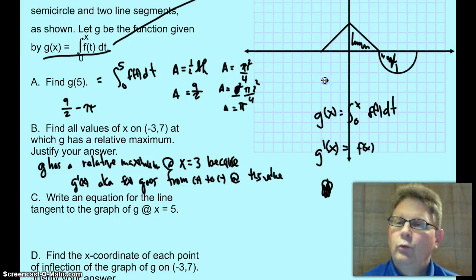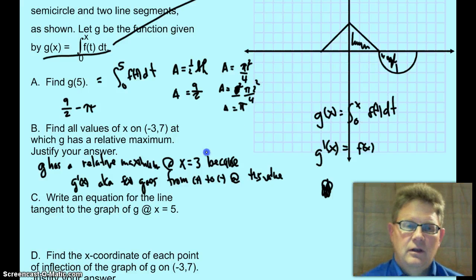Sweet. We're interpreting graphs again, and I will talk more about this in class.